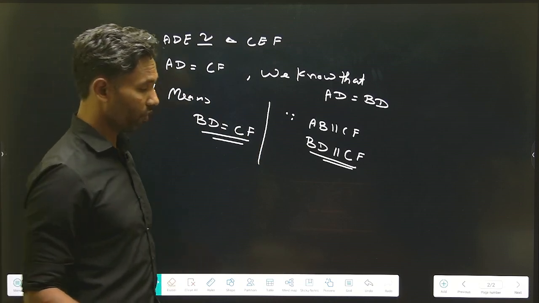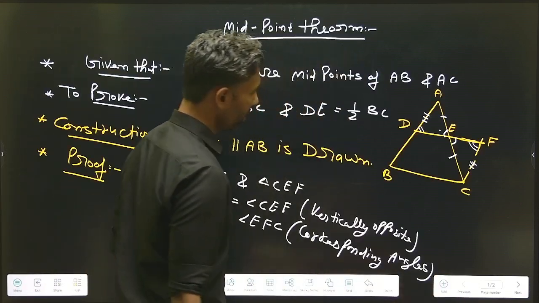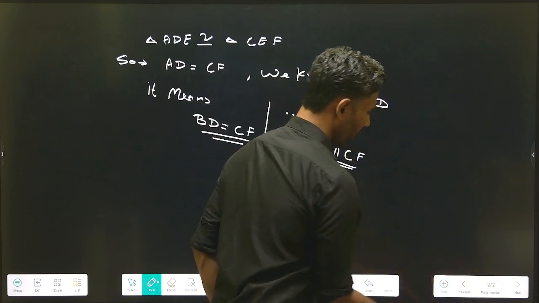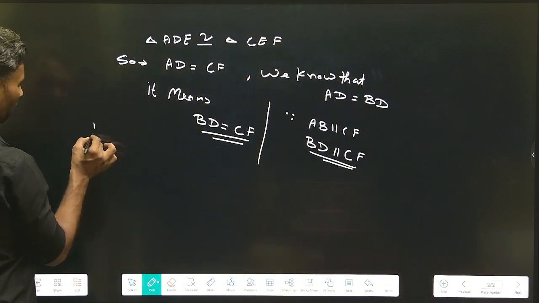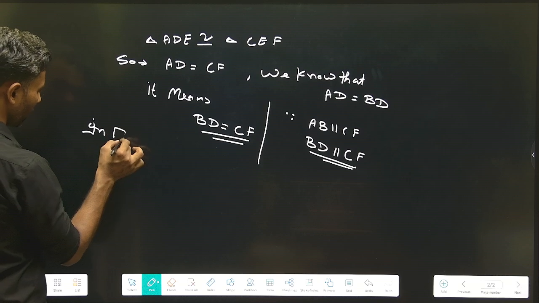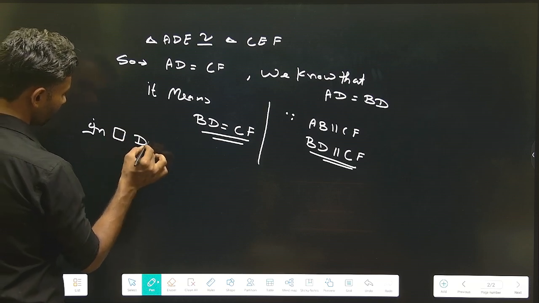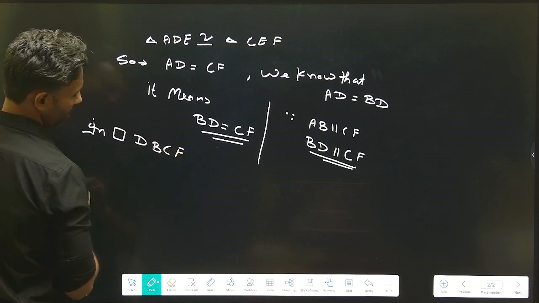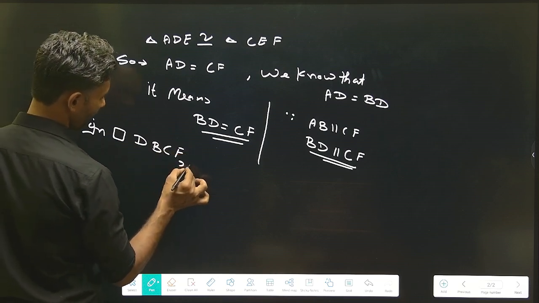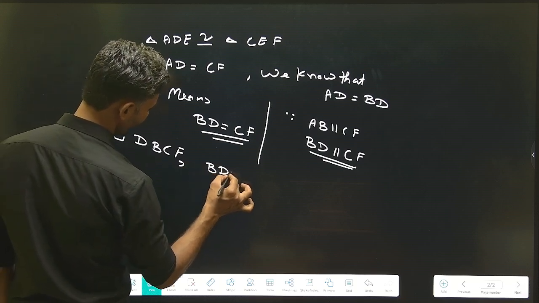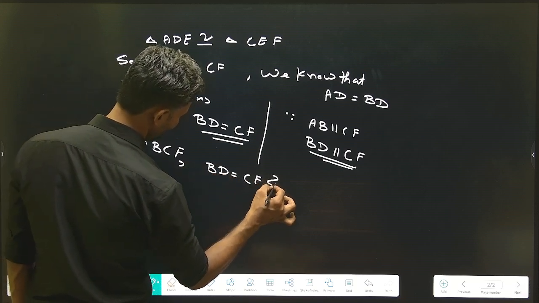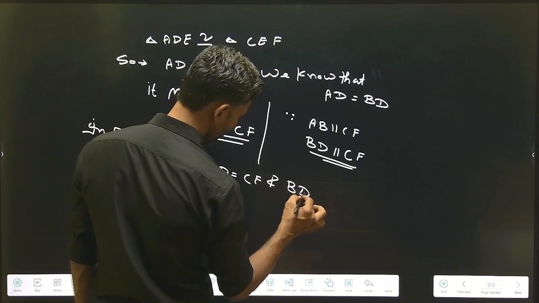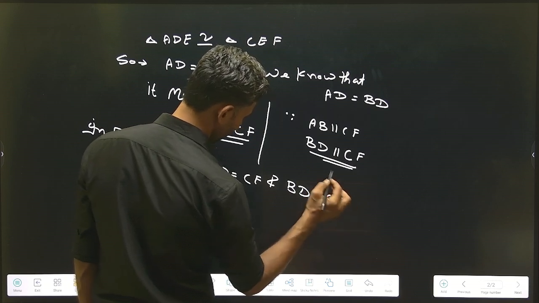It means we can see here in quadrilateral DBCF, BD is equal to CF and BD is parallel to CF.